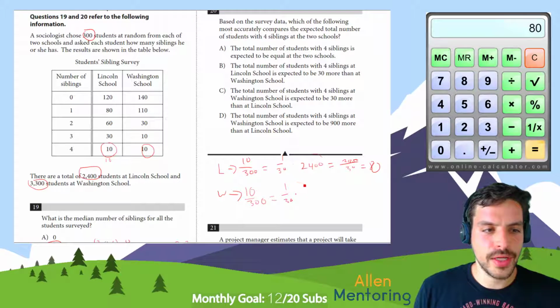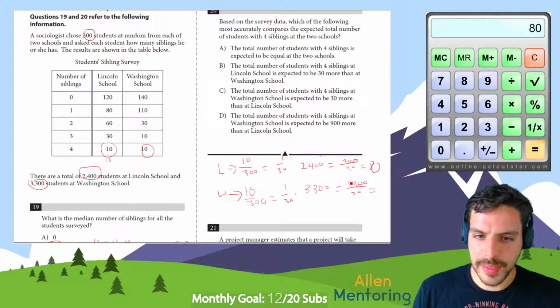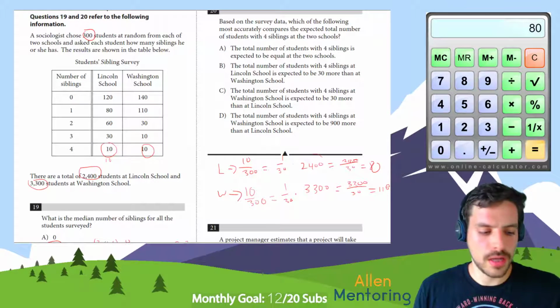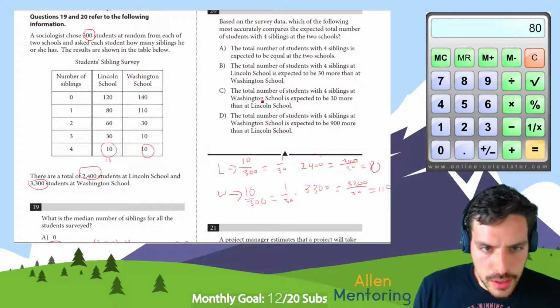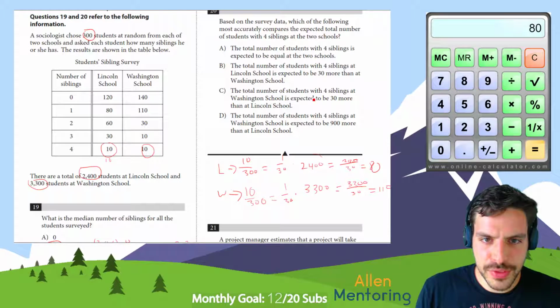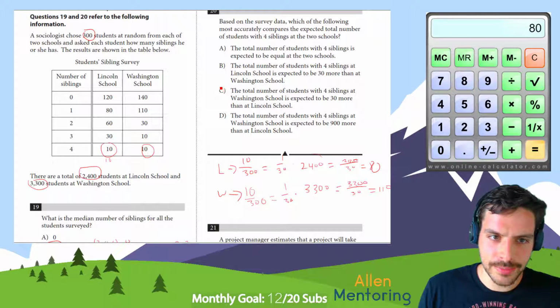So 1 out of 30 times 3,300, that's going to be 3,300 over 30. And I know this, this is a little bit easier. This is 110. So we expect 110 students at Washington to have 4 siblings. So in our case, I believe the answer is C. The total number of students with 4 siblings at Washington is expected to be 30 more than at Lincoln.